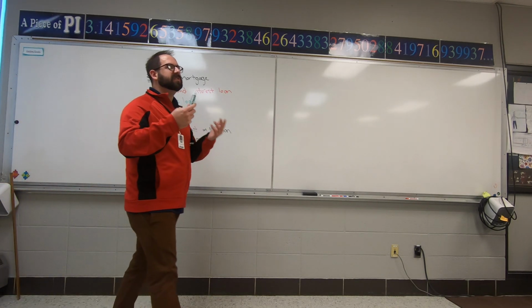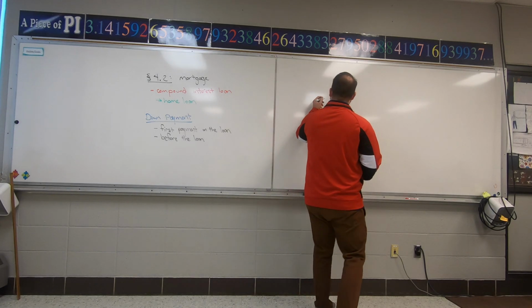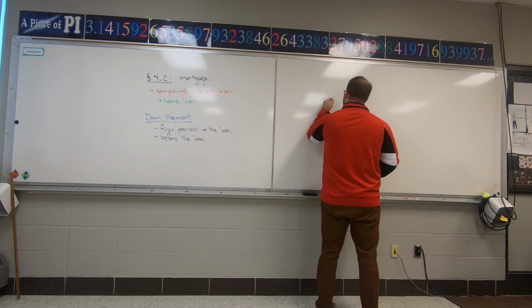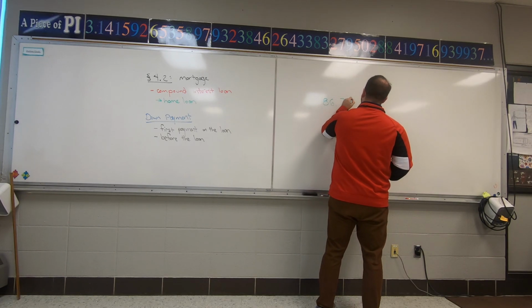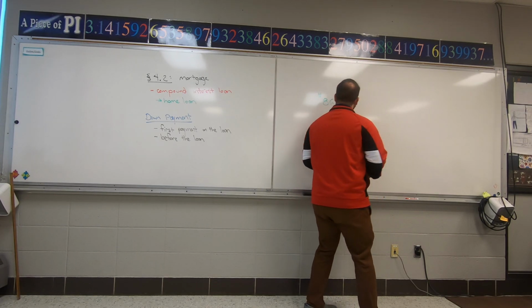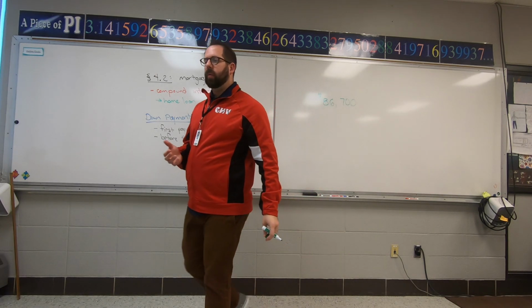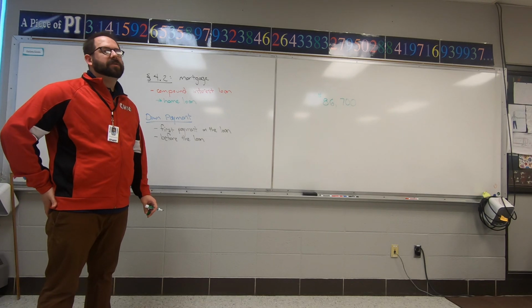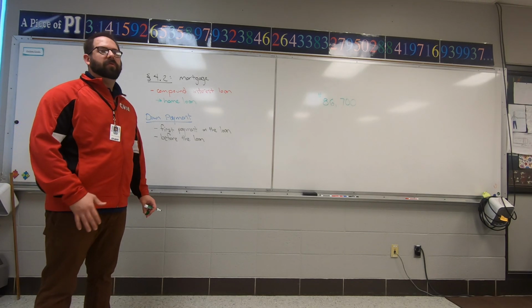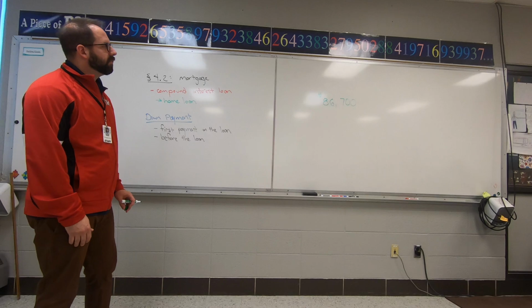So I'm just going to use the example of my home. When I bought my home in Garner, the agreement that I had was $86,700. That was the agreement that we made with the person that we purchased the home from. It was a very nice old lady that was moving away to live closer to her family.